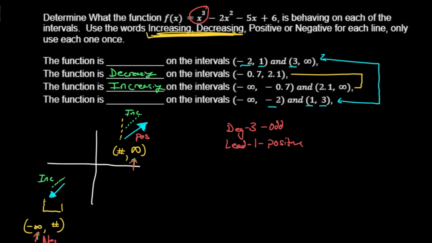That doesn't always hold true; it just happens to be that way in this example. Looking at the remaining lines, here is where I see the positive infinity, so based on our characteristics, this is the positive intervals, and the last one must be our negative intervals. And there we go.